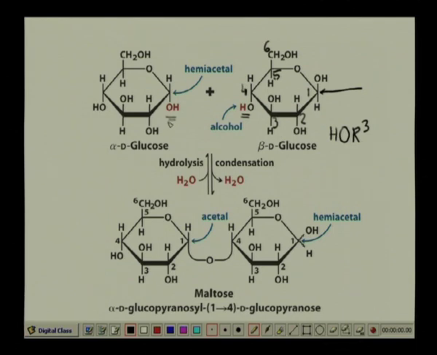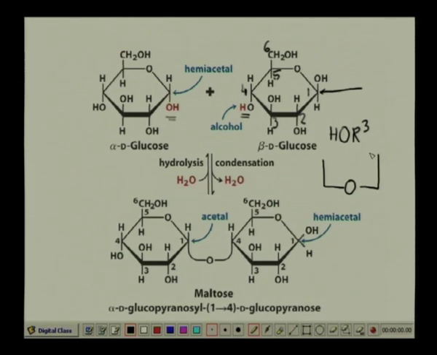Why alpha? Because this is alpha. So, what is it going to look like? It is going to look like this. It has to come down. Why? Because it is alpha, and depending on the OH orientation of the C4 carbon, this is going to be up or down. In this case, it is up.